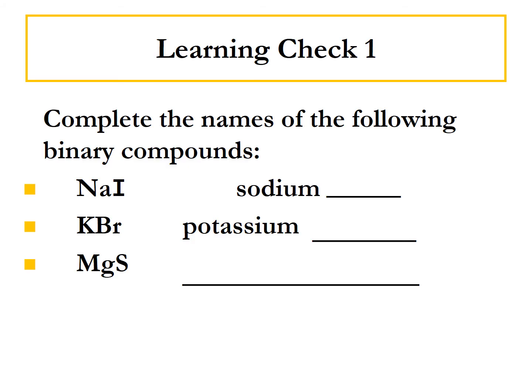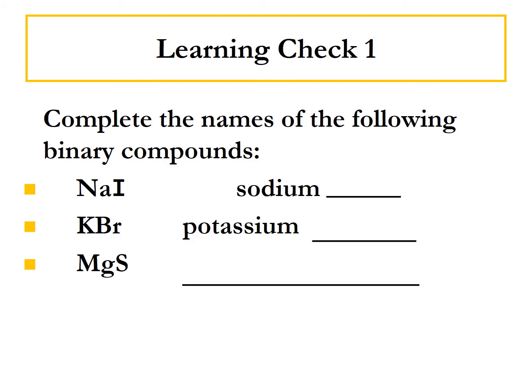So if you could please find Learning Check 1 in your notes, we will go over the answers to those questions. The first 3 questions ask you to complete the names of 3 simple binary ionic compounds. You know they are binary because there's only 2 elements in the compound, and you know they're ionic because there is a metal bonded to a nonmetal.